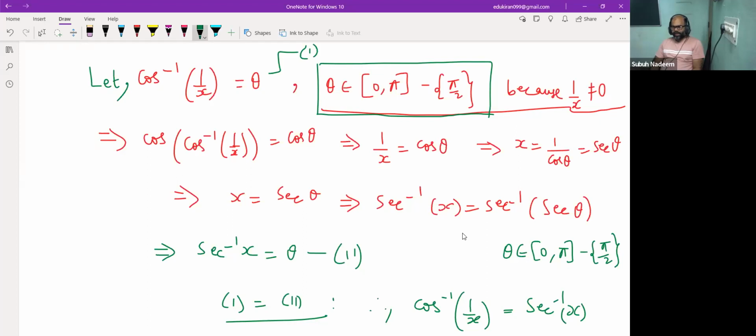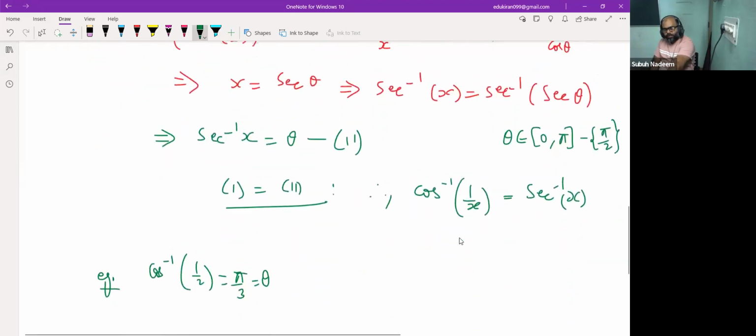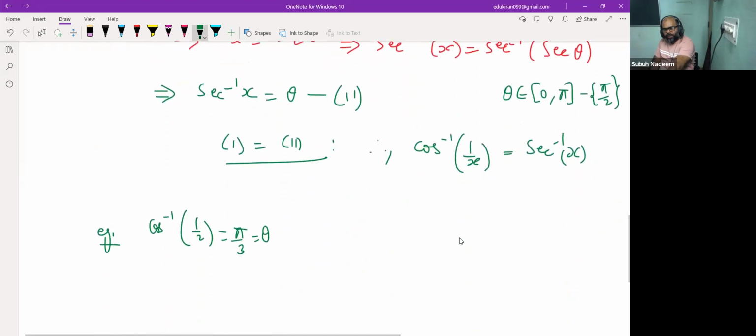Then you'll see the tan inverse. What happens there? I hope you have written this part.